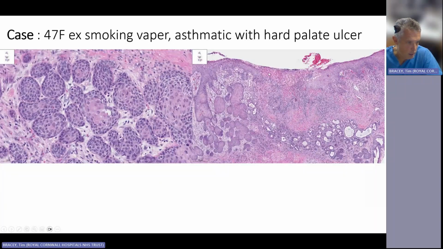If you zoom out, there's this ulcer, and you can see cells that are showing squamous differentiation, and then cells with more classic minor salivary gland differentiation merging back into squamous differentiation at the edge of the biopsy there. He was an ex-smoker who did a lot of vaping, apparently, and was asthmatic on multiple medications, including inhalers.